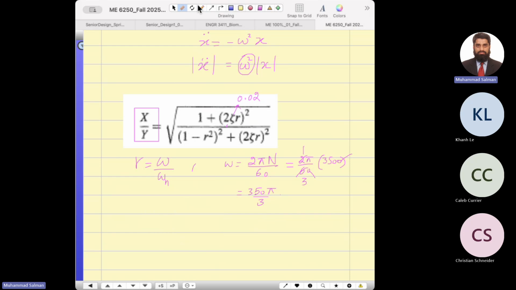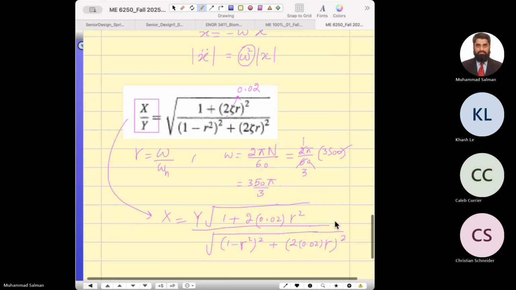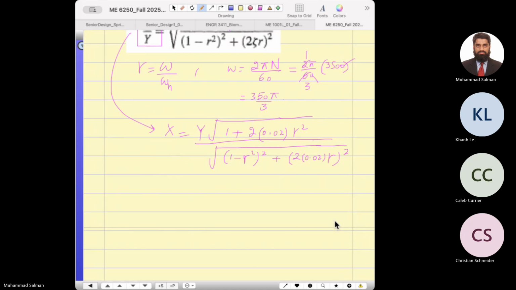from here, can I write, let me write down here. From here, I can write down x equals to y, and y is given as 3 into 10 to the negative 3.